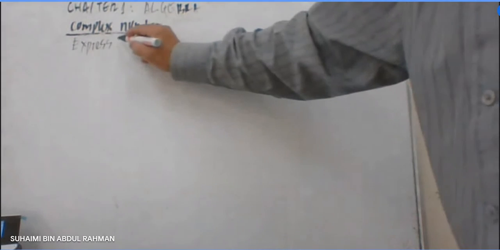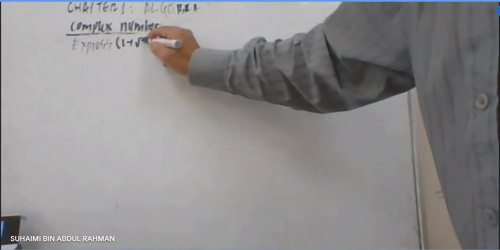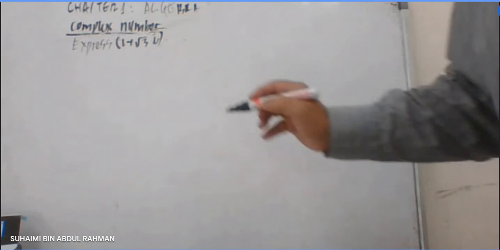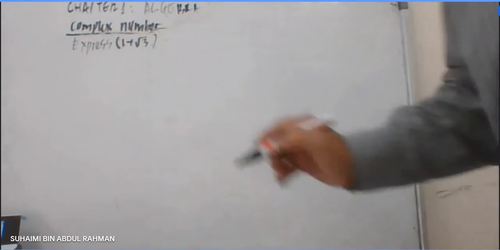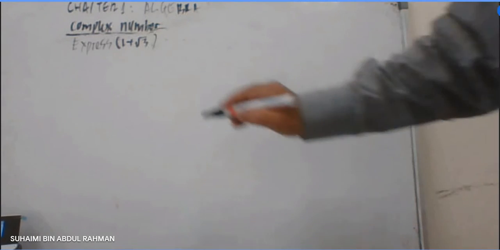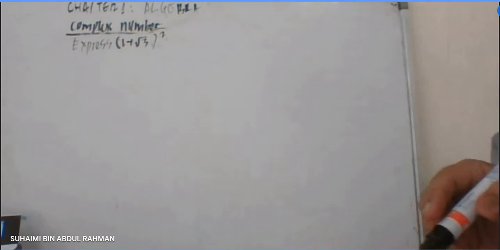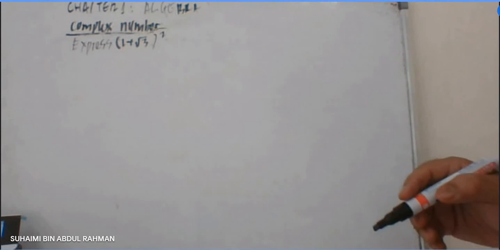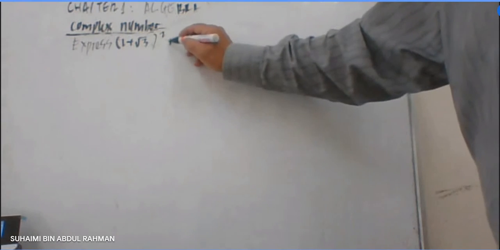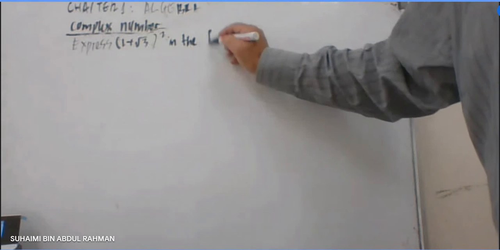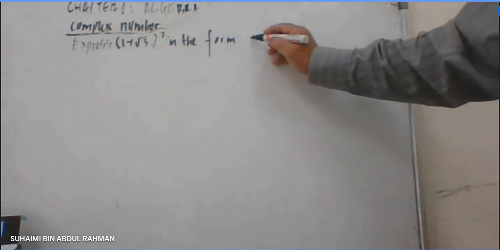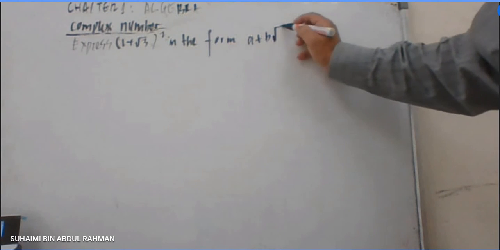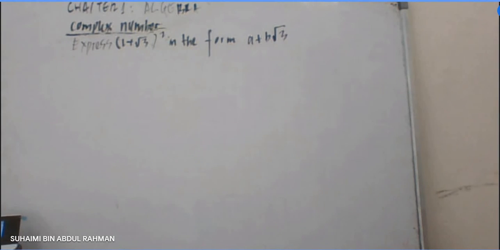Express 1 plus square root of 3 squared in the form a plus b square root of 3.